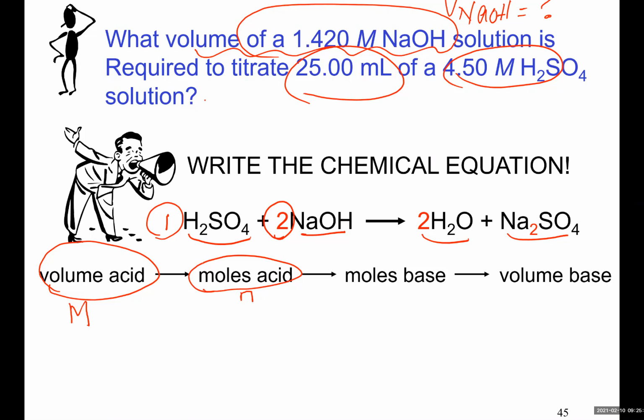Number of moles was n, remember? Which is equal to molarity times volume. We have the V, we have M, we can calculate n. That's the number of moles of the acid. Is there a relationship between the number of moles of acid and moles of base? Yes. Every mole of acid needs 2 moles of NaOH in this titration. So if I use the relationship between the two, I can do unit conversion. Then from moles of acid, I get moles of base.